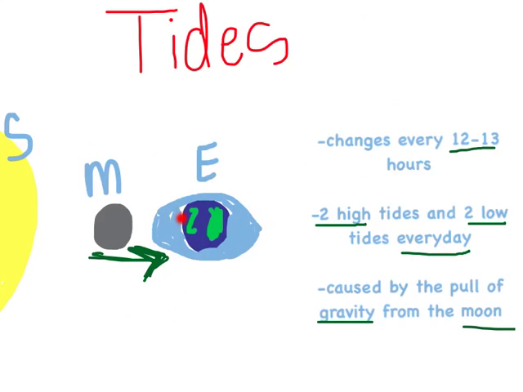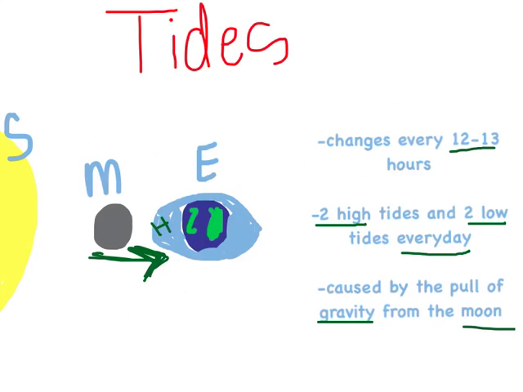So at this point of the earth, I am closest to the moon. When I am closest to the moon, I'm going to experience what type of tide? High tide. Very good. Not only do I experience high tide at the closest point to the moon, I also experience high tide at the point furthest away from the moon.